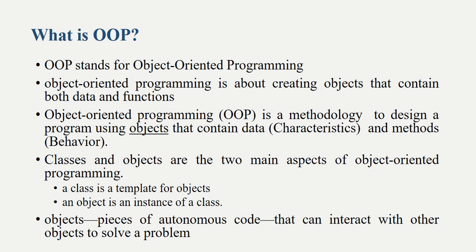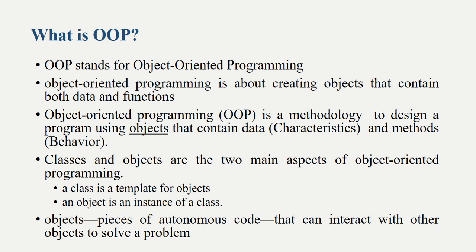So it is about creating objects that contain data and functions inside that object. Sometimes we call them properties and methods, or attributes and functions, different names. But anyway, it's about creating an object and containing some data and methods inside that object.